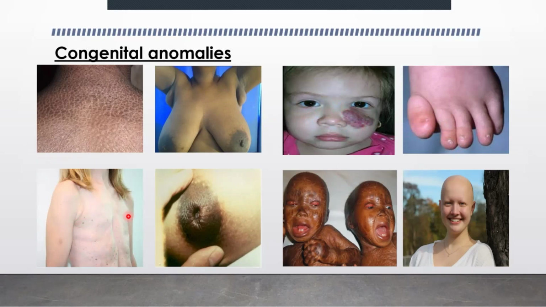Then in this lady, there is absence of mammary glands. This is bilateral amastia, not unilateral amastia. Then you have an inverted nipple, but this one can be corrected surgically. And you can appreciate these two beautiful twins. They have undergone hyperkeratinization, ichthyosis vulgaris.